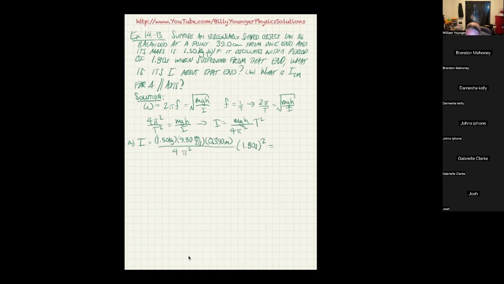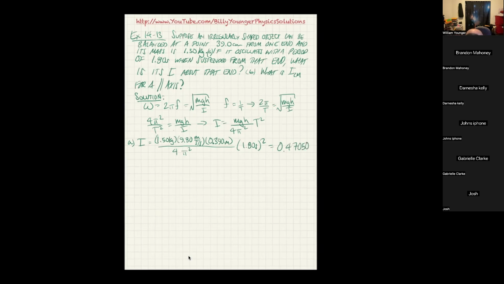So when I do all this math, I get 1.5 times 9.8 times 0.390 times 1.8 squared. And then I'm going to divide by parentheses 4 times 3.14159 squared, close parentheses. And that gives me 0.4705.